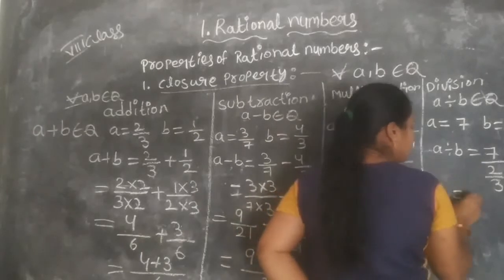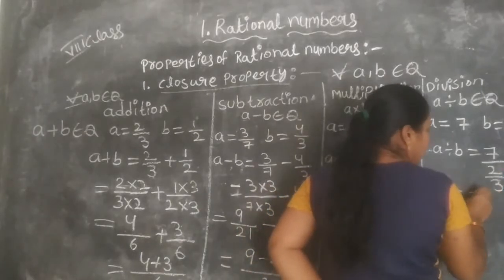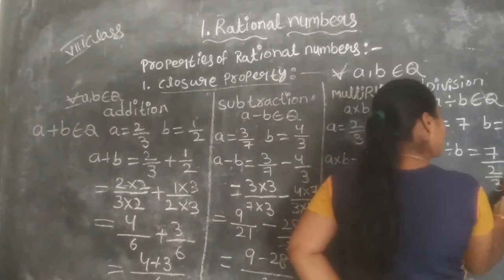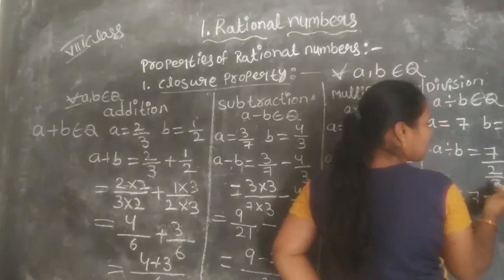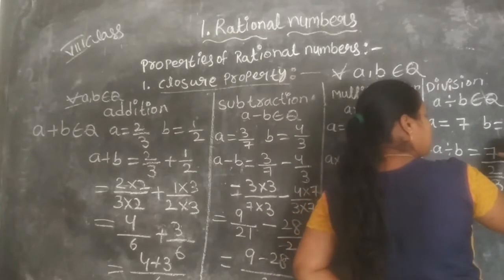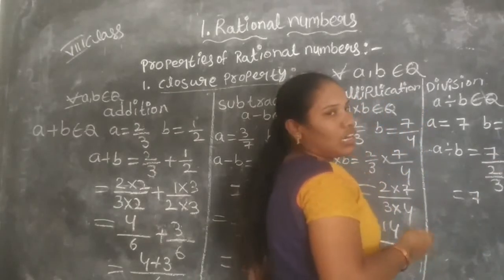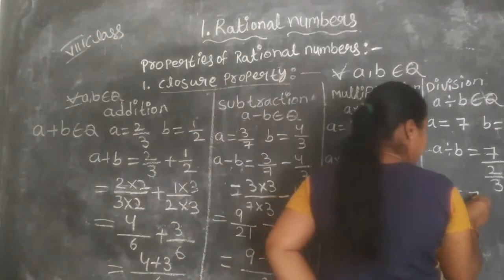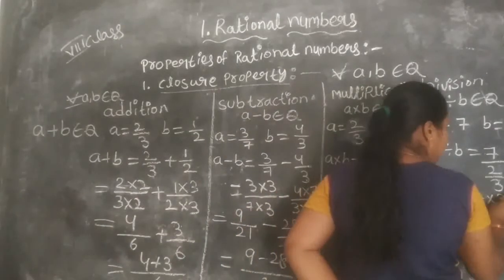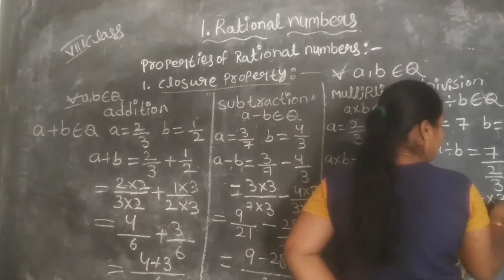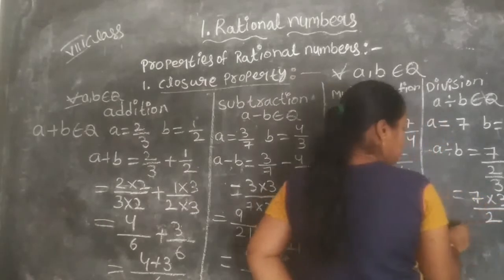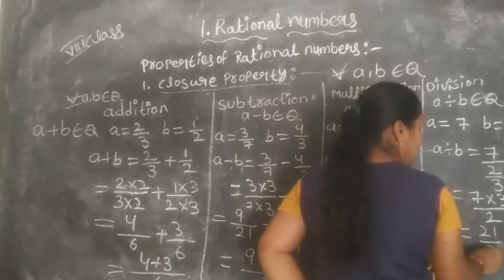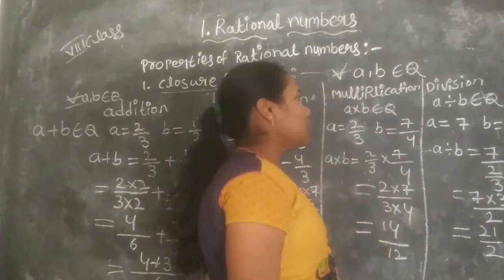Here the number we are taking is divided by 2 by 3, so the fraction should be reciprocal. What is that? 7 into 3 by 2. 7 3s are 21, so 21 by 2.